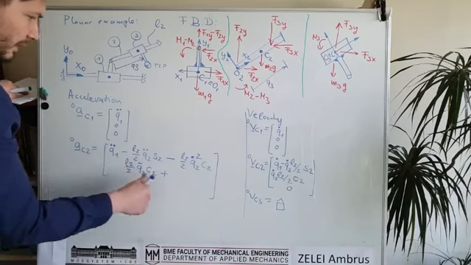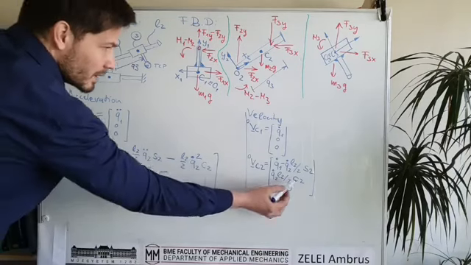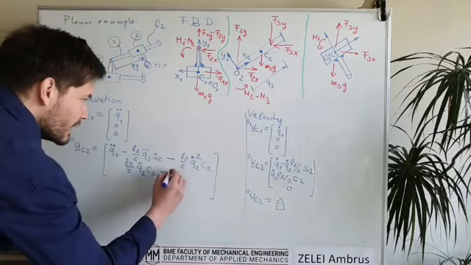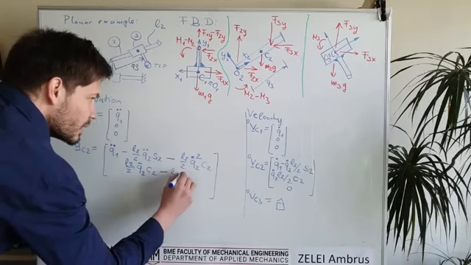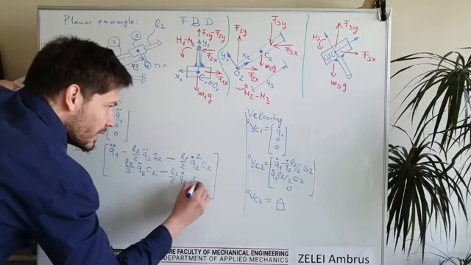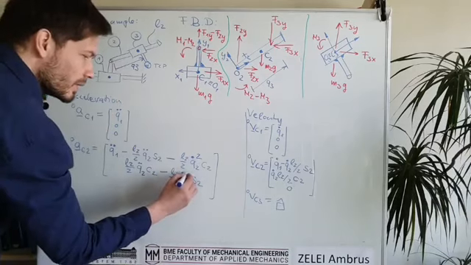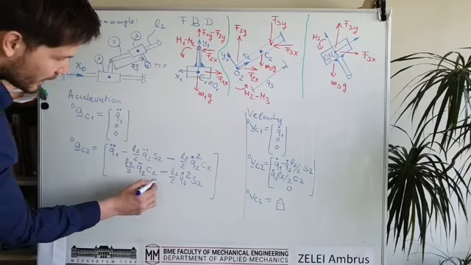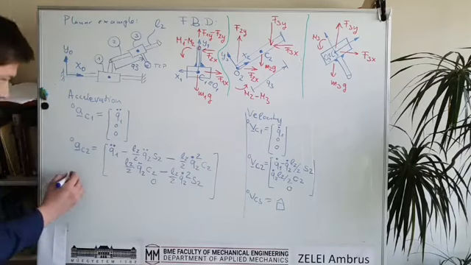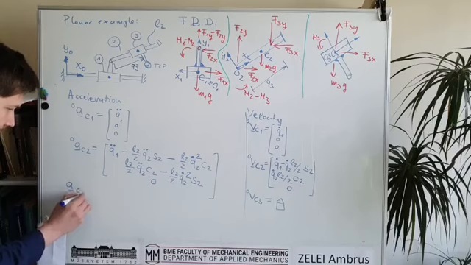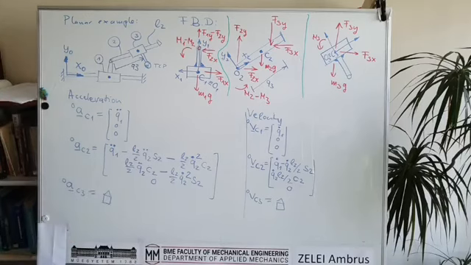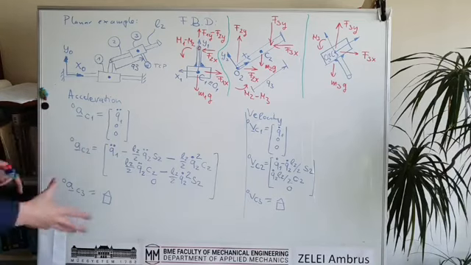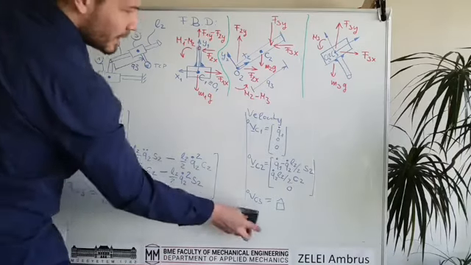It is not minus, this is plus, and this will be minus because the derivative of cosine is minus sine, so this will be L2 over 2 times Q2 dot times sine Q2 times Q2 dot again, so this is squared, and 0 in the z component. And you can do the same for the third rigid body. This is homework again. So you can create the kinematic equations, these are basically the kinematic equations that we need.